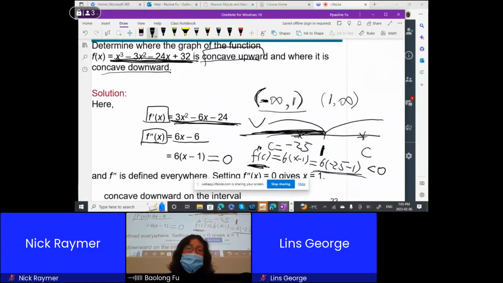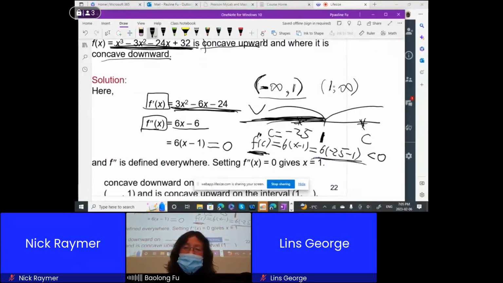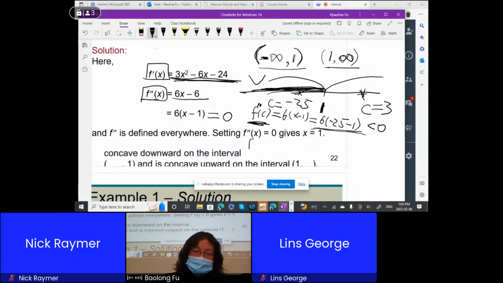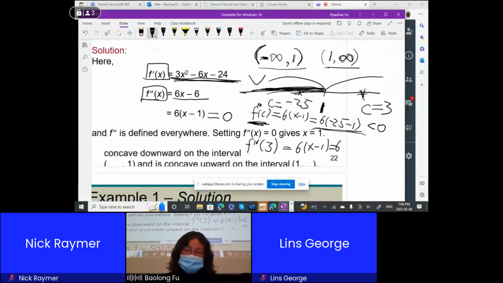Now I need another volunteer to pick a point C from 1 to infinity. Any number from 1 to infinity, yes? 3. Thank you so much. C equal to 3, from 1 to positive infinity. And we need to find the second derivative at 3. C is my 3. So 6(x minus 1) equals 6 times (3 minus 1).